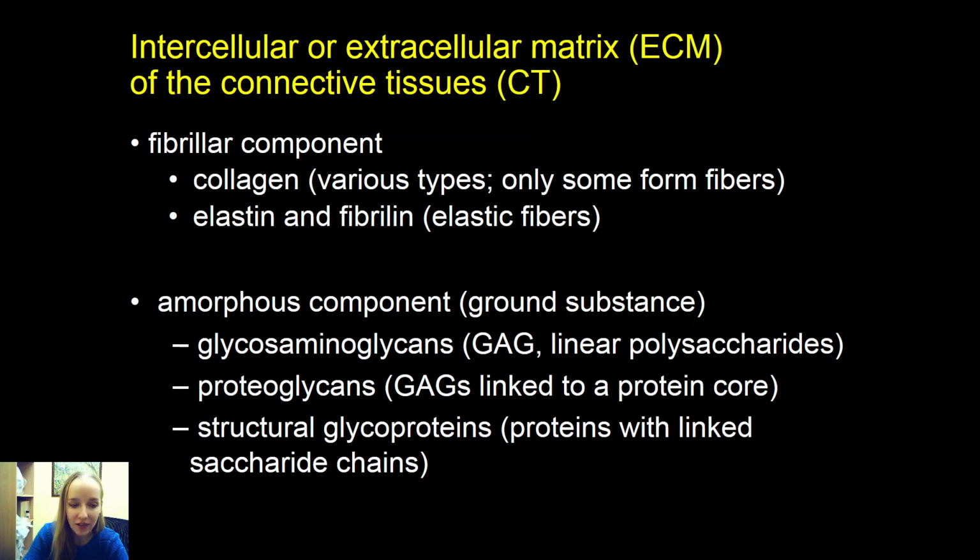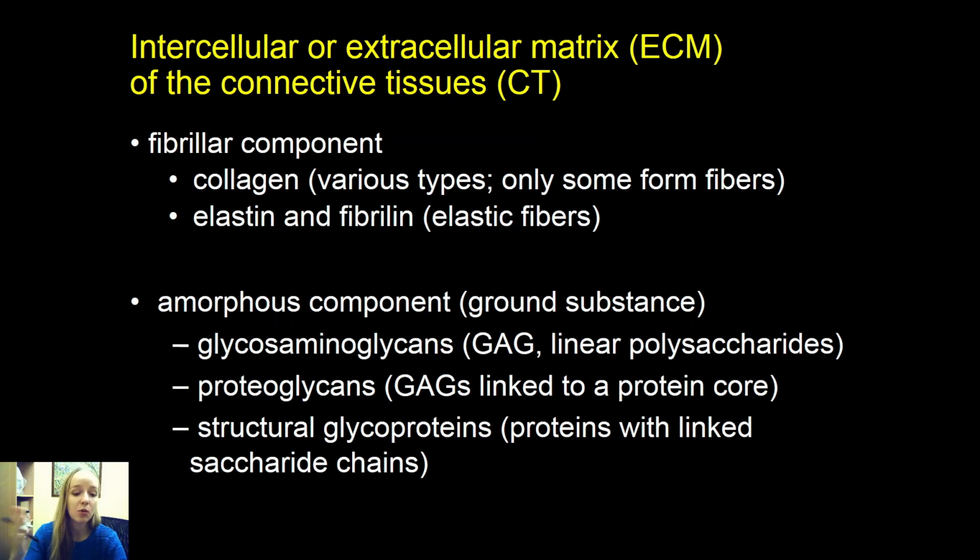So just remember collagen. This is the most important right now. The fibrillar component is made of collagen, and there are various types. Remember, only some types of collagen form fibers. Do you remember collagen type 1? This type of collagen is forming fibers, of course. Collagen type 2 doesn't form fibers, and that will be very important and crucial in differentiating many types of cartilage, for example.